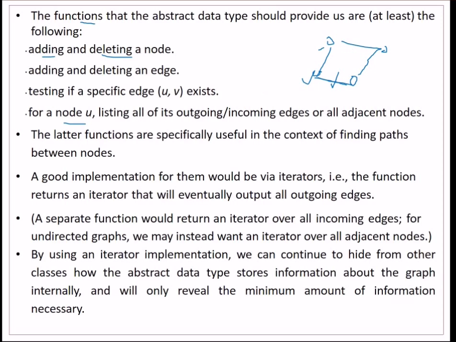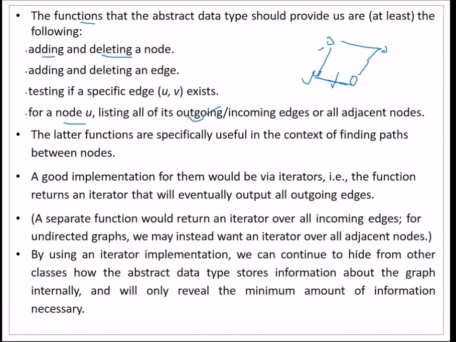The latter ones are specifically used in the context of finding paths between nodes. This is a very challenging topic, and very advanced solutions are there with the help of graphs.